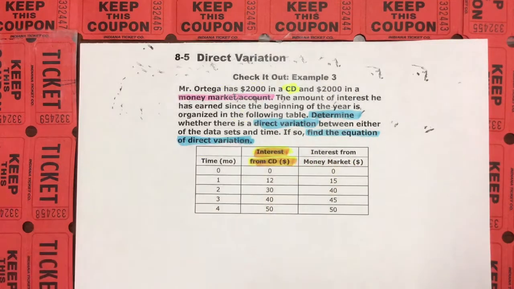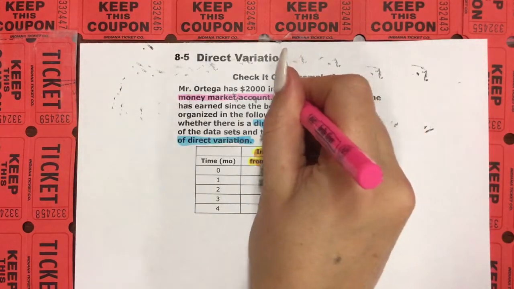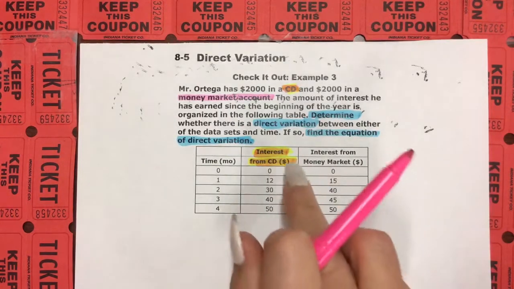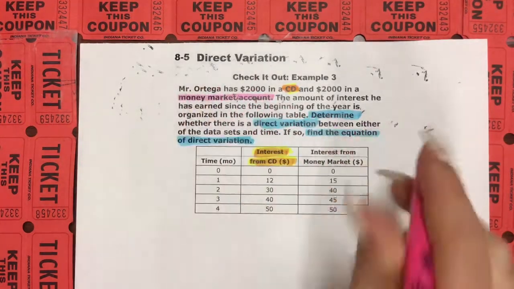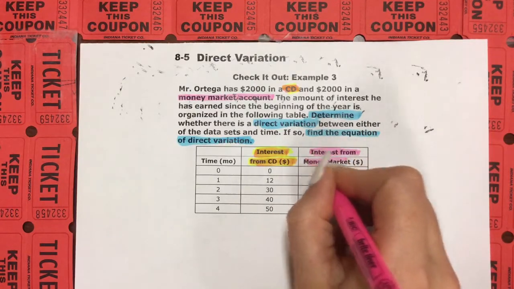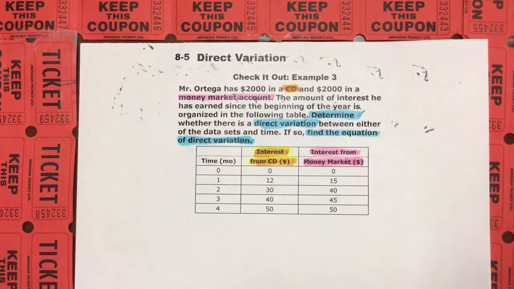The CD is orange. Does it look orange? I don't know. You're going to have to go with it. So the interest from the CD is here, and then the interest from the money market is here. It kind of looks orange. That's going to have to work. When life gives you lemons, you make some orange lemonade.